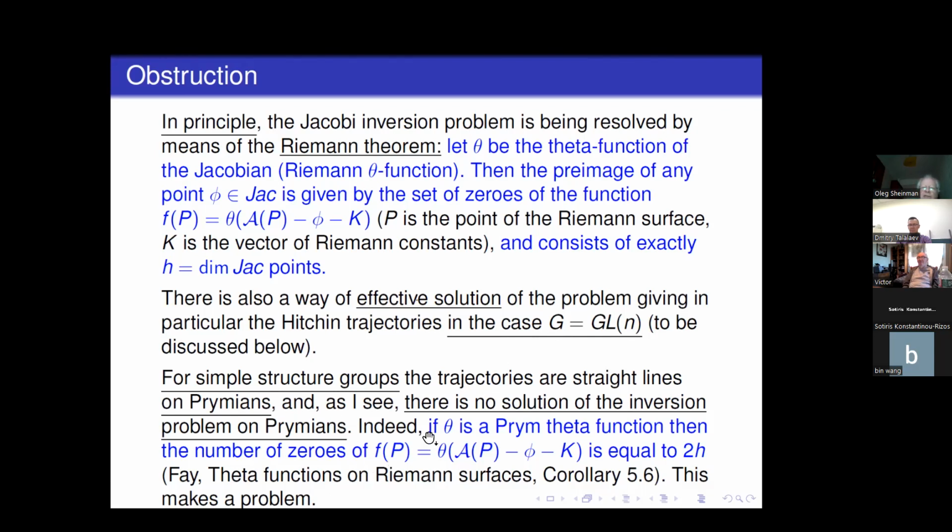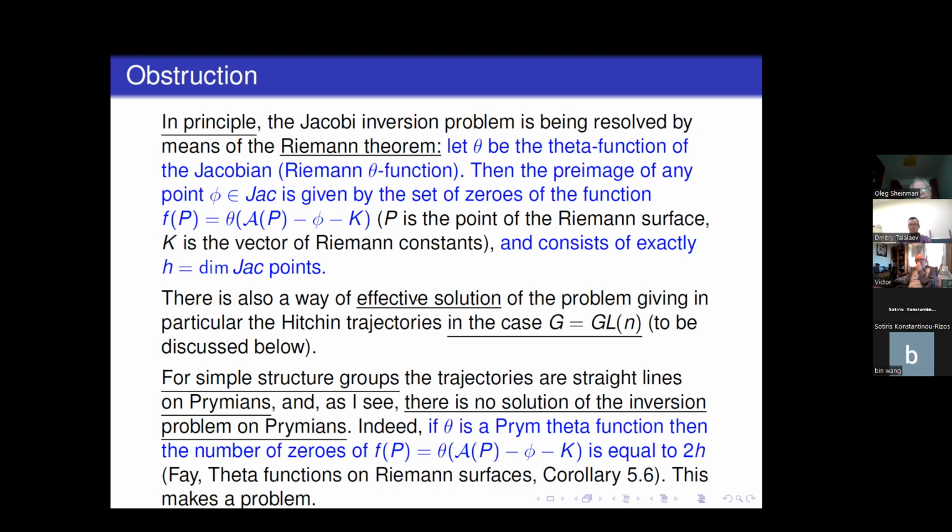Indeed, if theta is the Prym theta function, or theta function of the Prym variety, then the number of zeros of the same function f of p as above is equal to double h, where h is the dimension of the Prym.